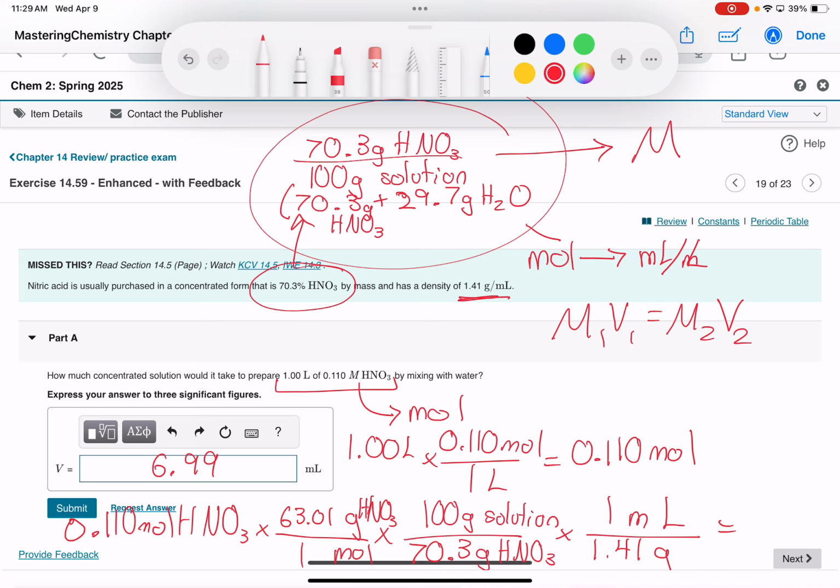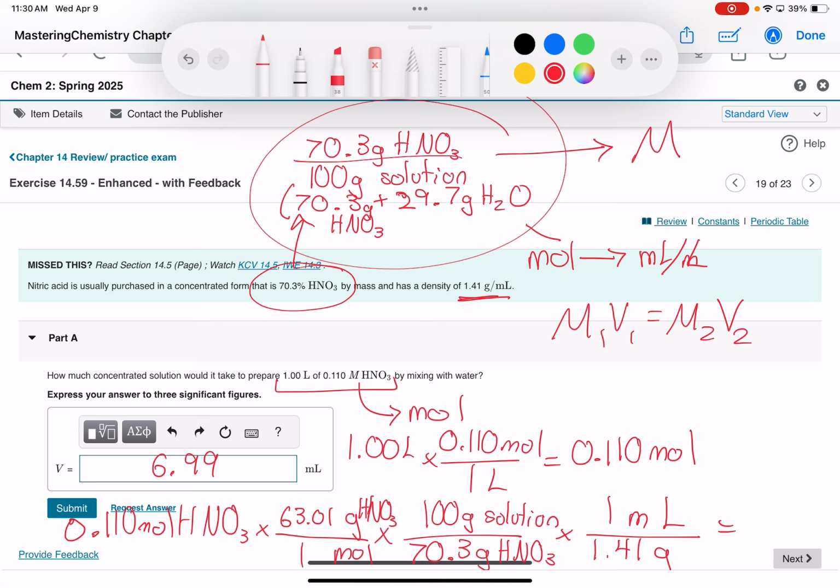20.3. In the percent solution. Yes. Yeah.